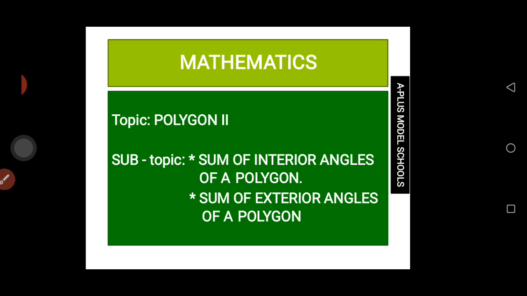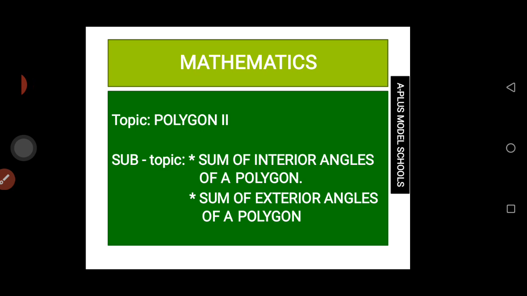Before we move to today's class, let us remind ourselves of what we were taught in our previous class. We were taught the meaning of polygon, where we said a polygon is a plane shape with different numbers of sides.